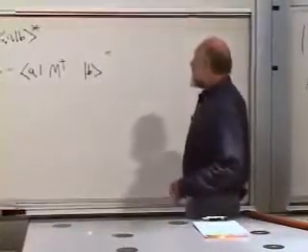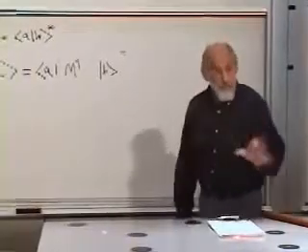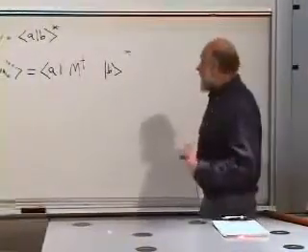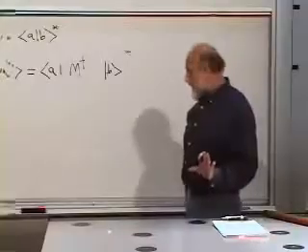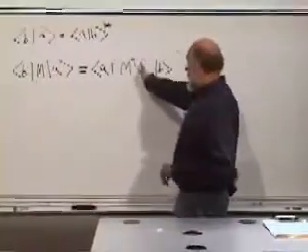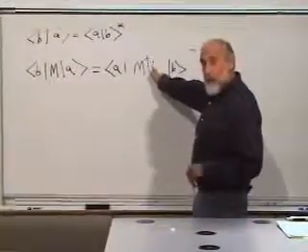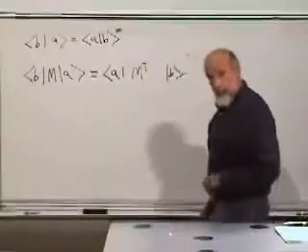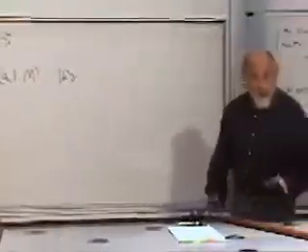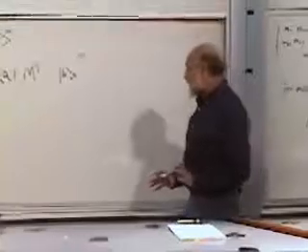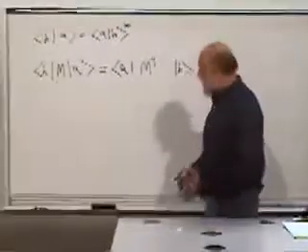But let's suppose that our matrix is Hermitian. Let's suppose that the matrix in question is Hermitian. If it is Hermitian, I can erase this conjugation sign here. If it's Hermitian, it's equal to its own Hermitian conjugate. Definition of Hermitian.